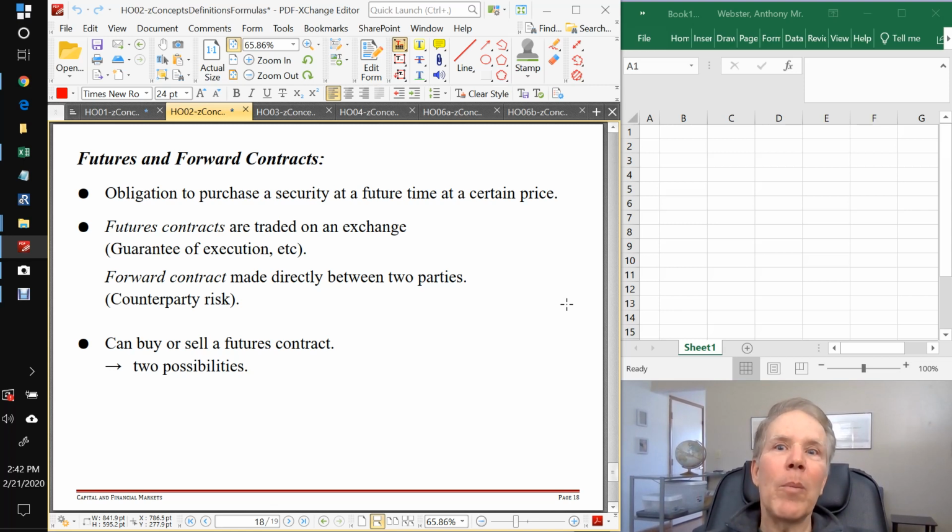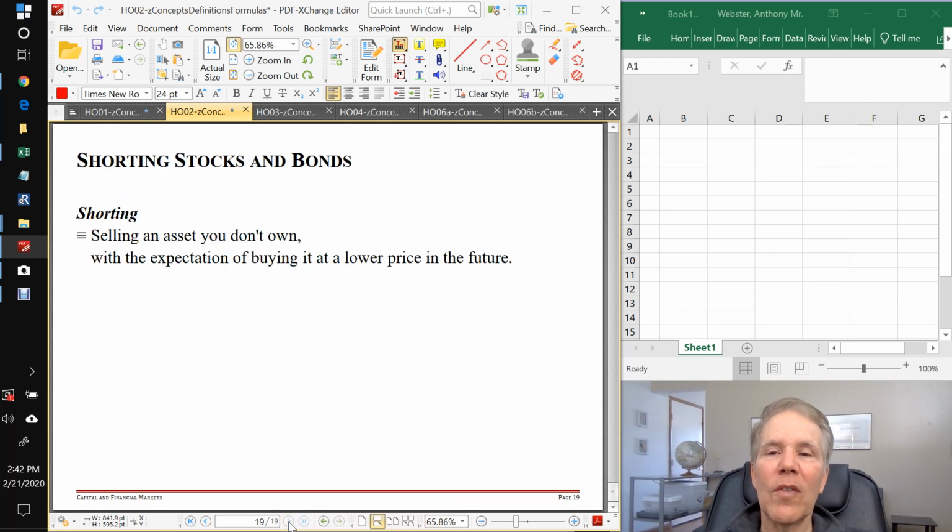It also might be $80 a barrel. So I'm just going to get a futures contract so I have certainty about the price I'm going to pay. I may win, I may lose, but I have certainty, and that makes it easier for me to plan for my business. And we talked about shorting.